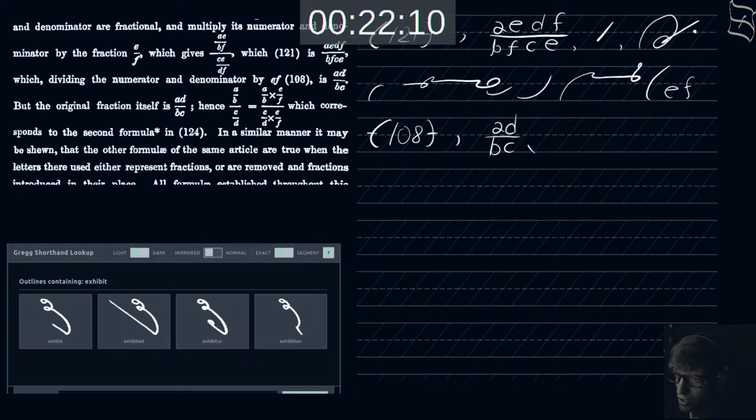But the original fraction itself is AD over BC.